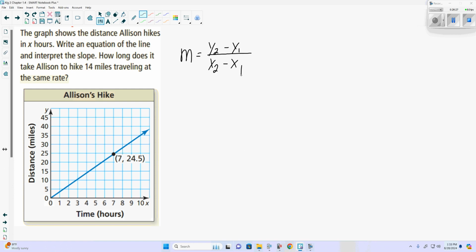So we need to find slope first. Random side thought. Does anybody know why we use M for slope? Because it seemed to be better if we used S, right? S is slope. Well, it's not so much it's taken, but a lot of mathematics is done by the Greeks. Greeks have gotten more of a rep for it, but especially a lot of the Middle East Arab nations, Mesopotamians, had a lot more discoveries than the Greeks did.